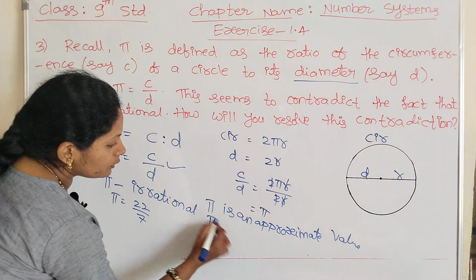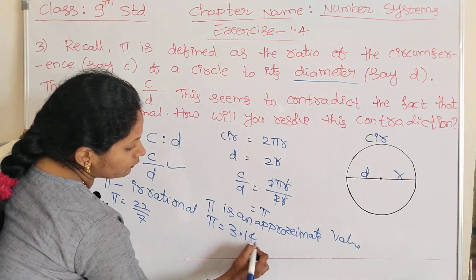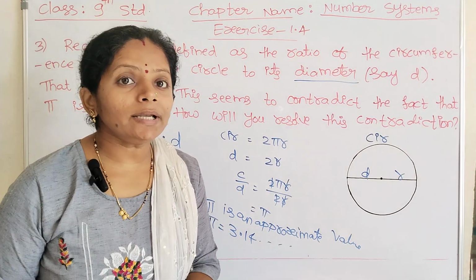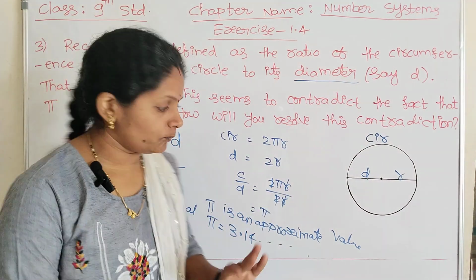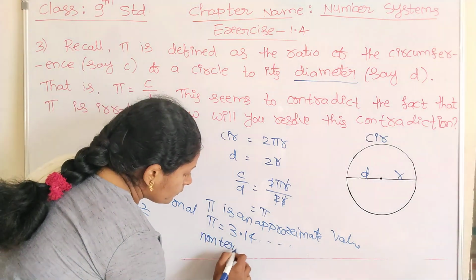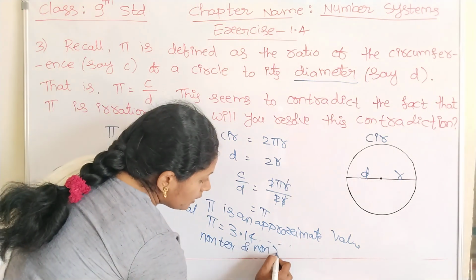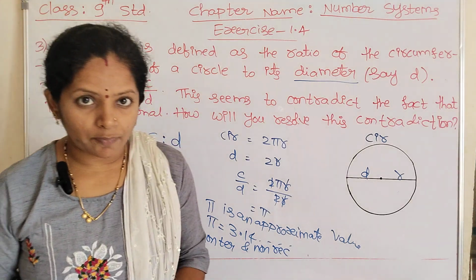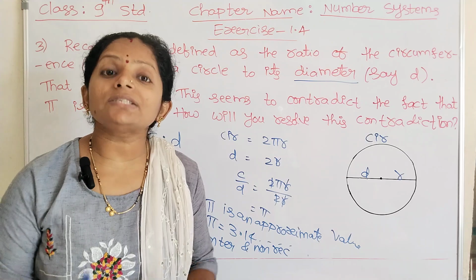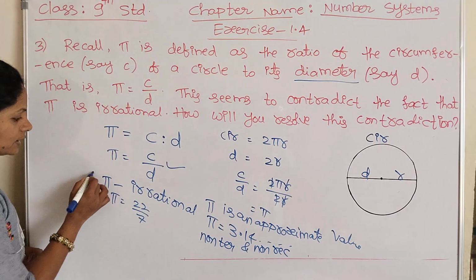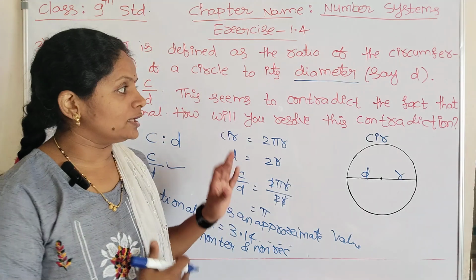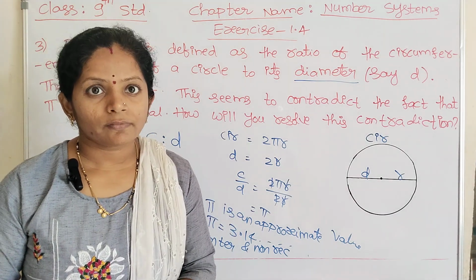Actually, the pi value is 3.14 and so on. This number is non-terminating and non-recurring. So that's why this pi is not a rational number. It is just irrational. Finally, at the conclusion, you can write pi is irrational. In this way, we have resolved this contradiction. Thank you.